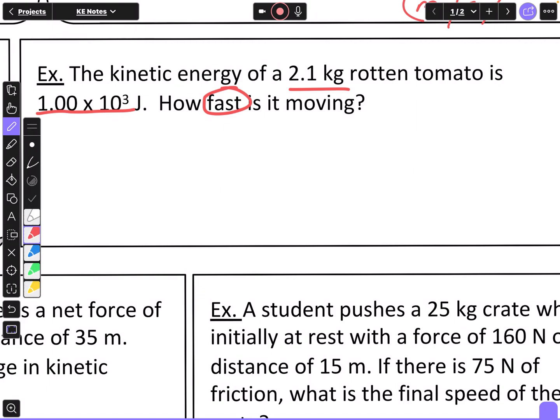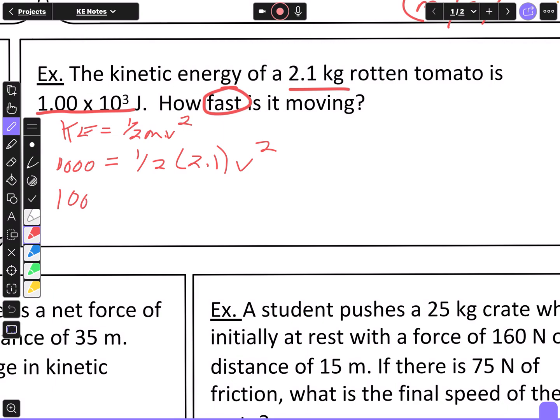So my equation again is kinetic energy is equal to 1/2 mv squared. So my kinetic energy, like I said, was 1,000. That's just in scientific notation. Equals 1/2 times 2.1 times velocity squared.